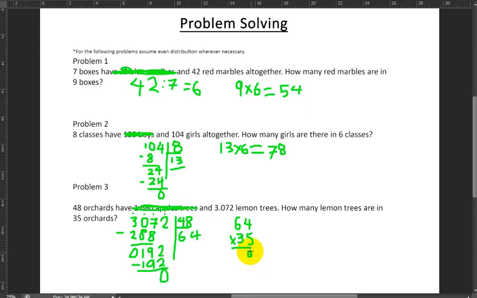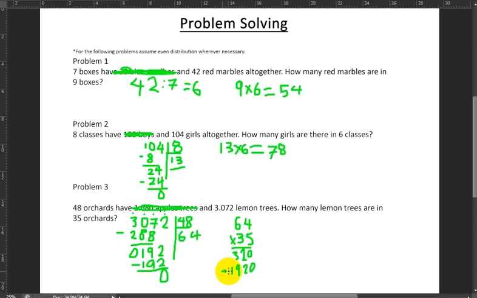I write 0, I carry 2. 5 by 6 makes 30. Plus 2 that I carried over makes 32. 0 beneath the ones. 3 times 4 makes 12. I write 2, carry 1. 3 by 6 makes 18, plus 1 that I carried over makes 19.